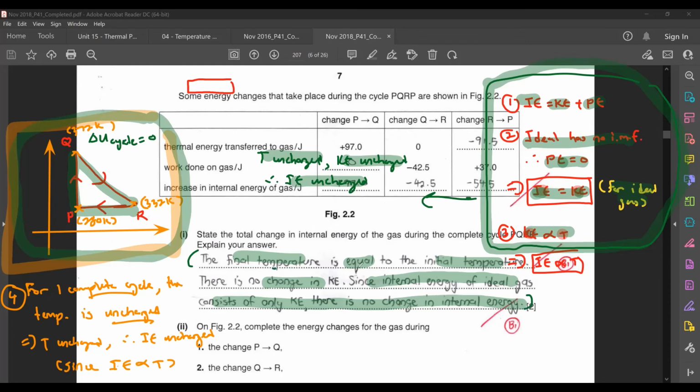This is what your current answer is saying. The final temperature is equal to the initial temperature. There is no change in your KE because kinetic energy is proportional to temperature. Since internal energy of an ideal gas consists of only KE, there will be no internal energy change. Okay, so that is what the question is trying to do for you here.